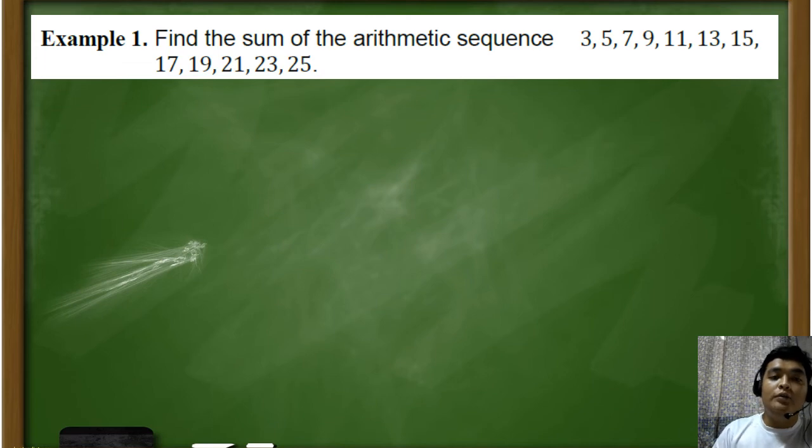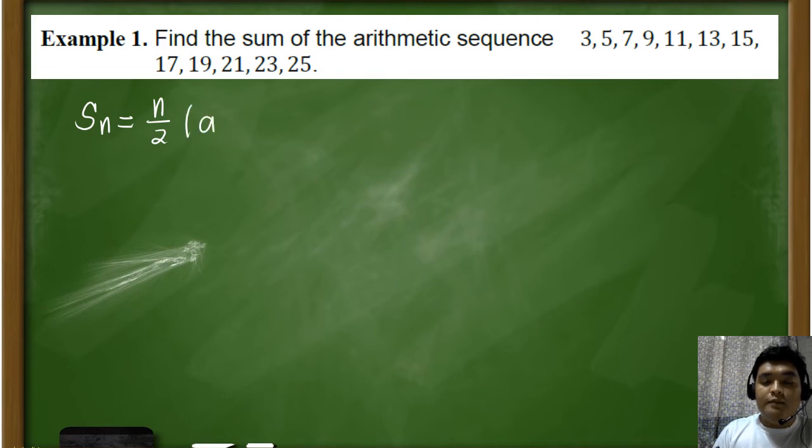Very good. We will use the first formula, S sub n equals n over 2 times the quantity a sub 1 plus a sub n.